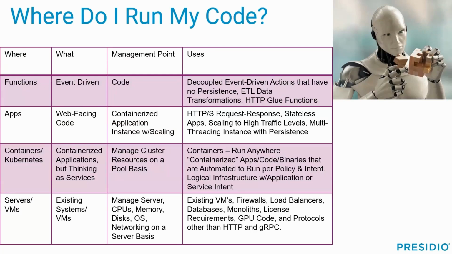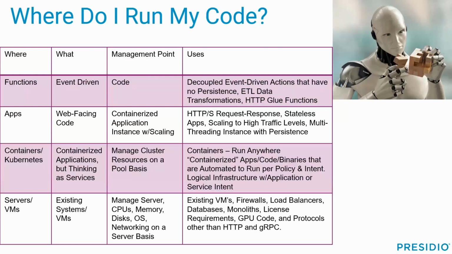The step above that is functions, where a function is in stasis. It's not always on. It's always available, but it's not on and running. And you're actually just managing the code, not the application. So you're writing a small bit of code, and you're pushing that code out to the internet, and you get a pointer back, a DNS namespace of how to reach that code. It's completely decoupled from the thought of a server, right?